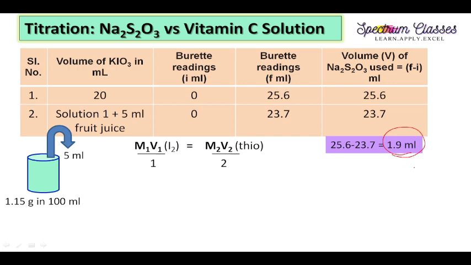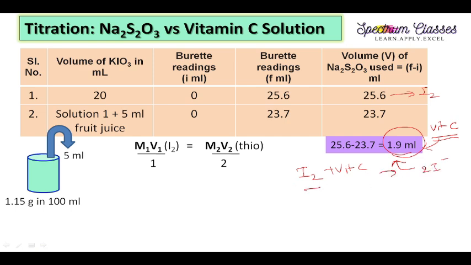So rather than saying how much sodium thiosulfate is required to react with iodine, we can simply say how much sodium thiosulfate is required to react with the vitamin C. This is the direct method, fine. Since it is a 1:1 reaction, iodine on reaction with vitamin C produces 2I minus.